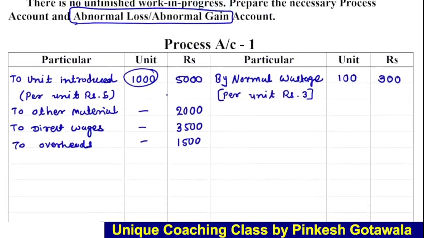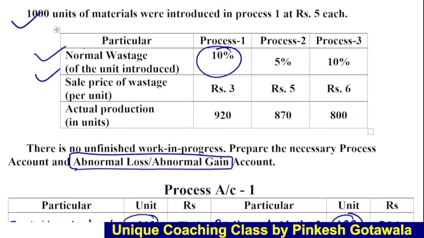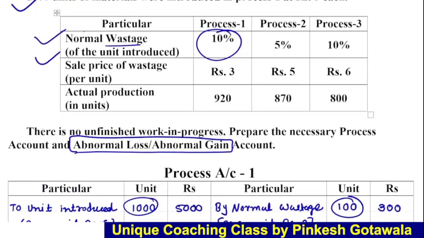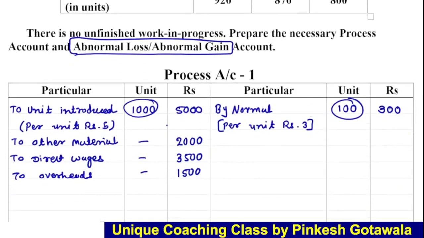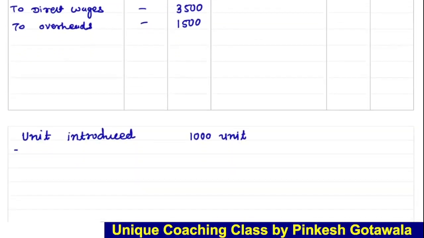There is a 10% normal loss, which means 100 units. Here the words normal wastage and normal loss are both the same. So we know that there must be a 10% normal loss here, so 100 will be the normal loss.